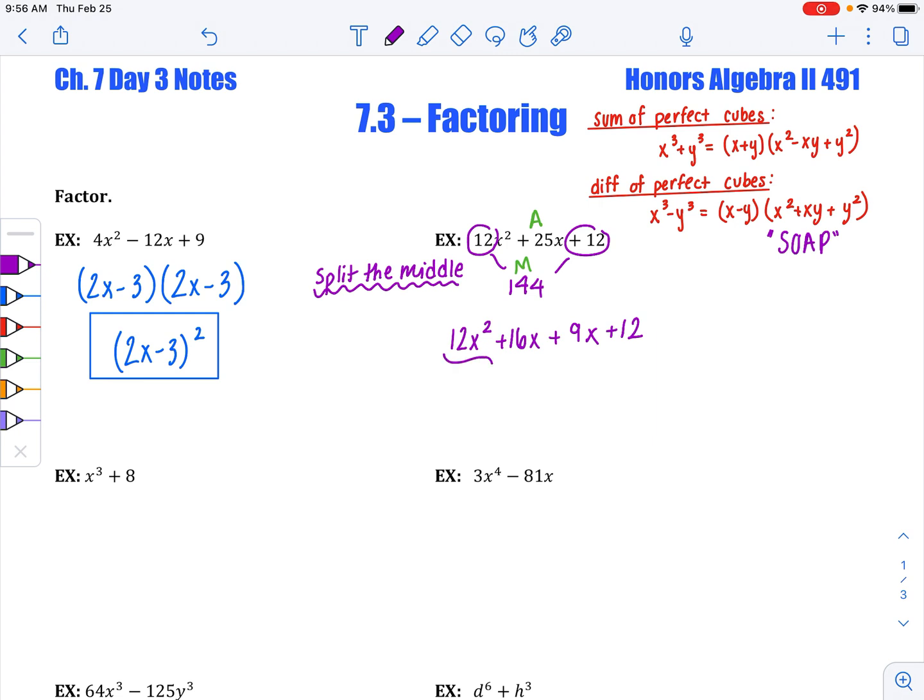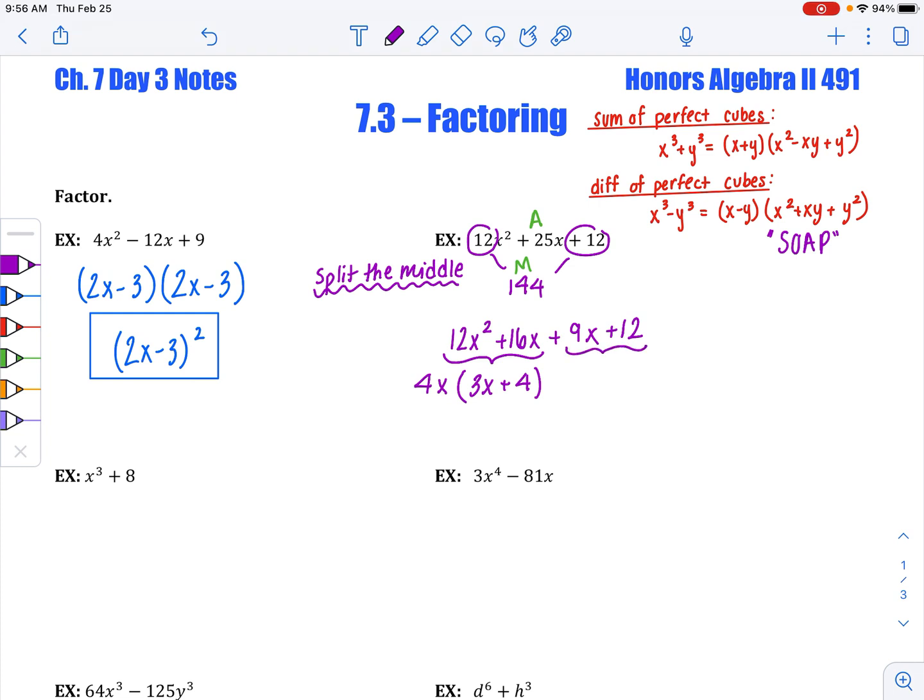You have four terms, so you're going to group, which means factor with the first two terms, and look for a greatest common factor. You can take out a 4x, leaving you with 3x plus 4 remainder.